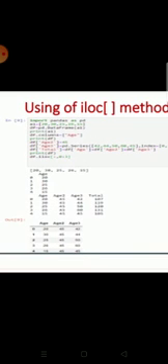Pandas provides three methods to access data frame columns. First one, using the df object. Df object means any name you can take. I have taken df by default, I am taking now. So you can take any alphabets, but remember it must be in alphabets. So df object, column name I have taken.